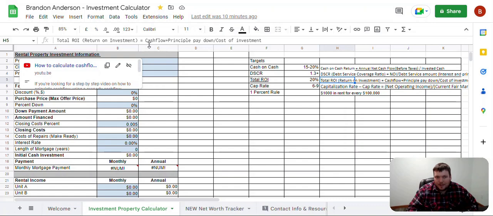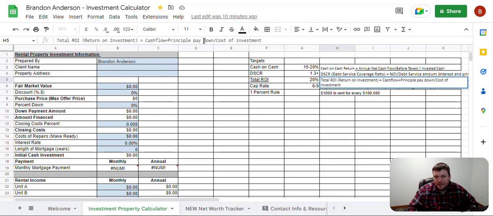Return on investment is your cash flow plus your principal pay down on your mortgage, divided by the cost of the investment. So, like your cash flow, if it's $1,200 a year, and then say you pay down $5,000, usually principal pay down's more, that'd be $6,200. And then say you had $20,000 invested.